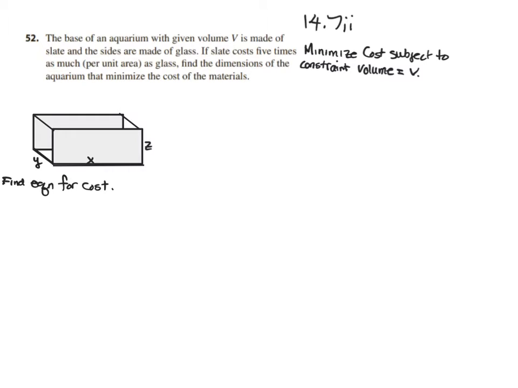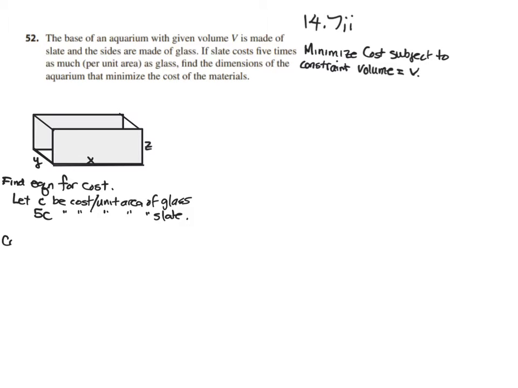The slate, the bottom, costs 5 times as much as the sides. So let C be the cost per unit area of the glass. Then what does it say about the slate? It's 5 times that for the slate.